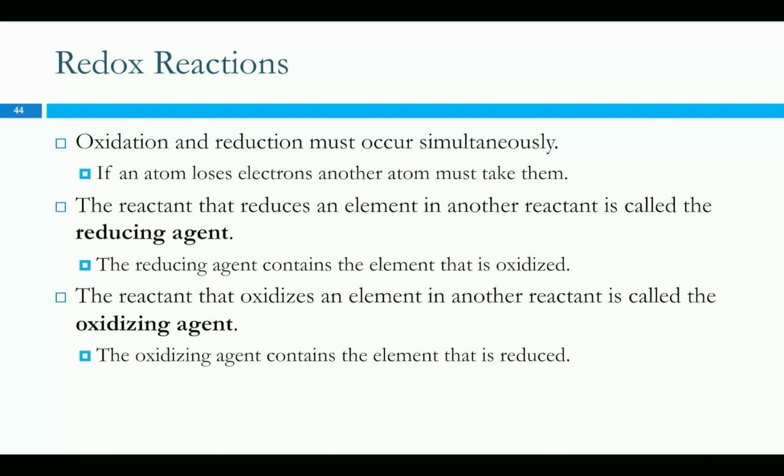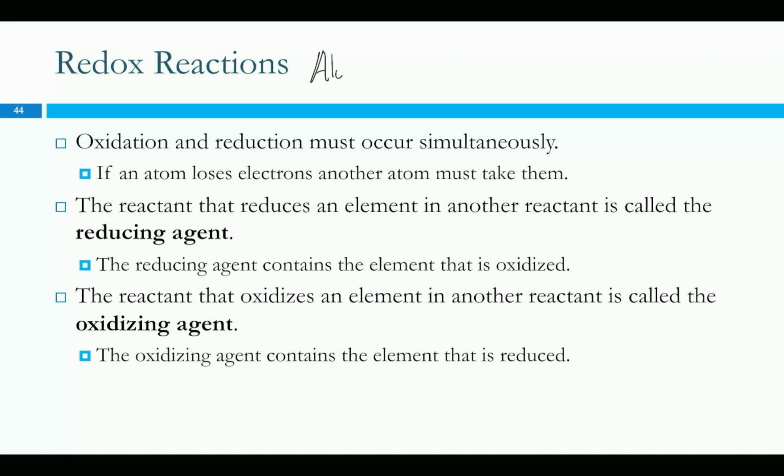The reducing agent contains the element that is oxidized. So the thing that's being oxidized is the reducing agent. And it's that flip-flop that's super confusing. So just know that oxidizing agent, reducing agent are the opposite of what is being oxidized and what is being reduced.